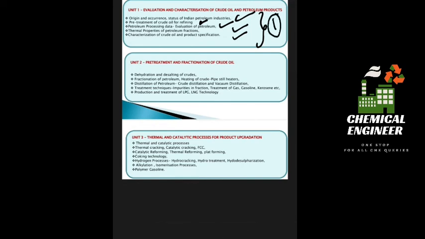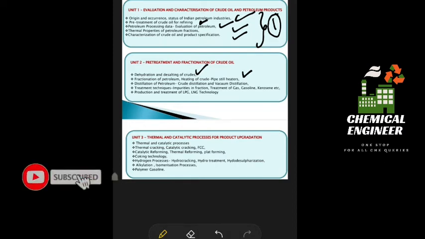In the next chapter we will see fractionation and pre-treatment of crude oil. In this chapter we will see various unit processes and operations like dehydration and desalting. Then we will see pipe still heaters, heating of crude, vacuum distillation, and atmospheric distillation.